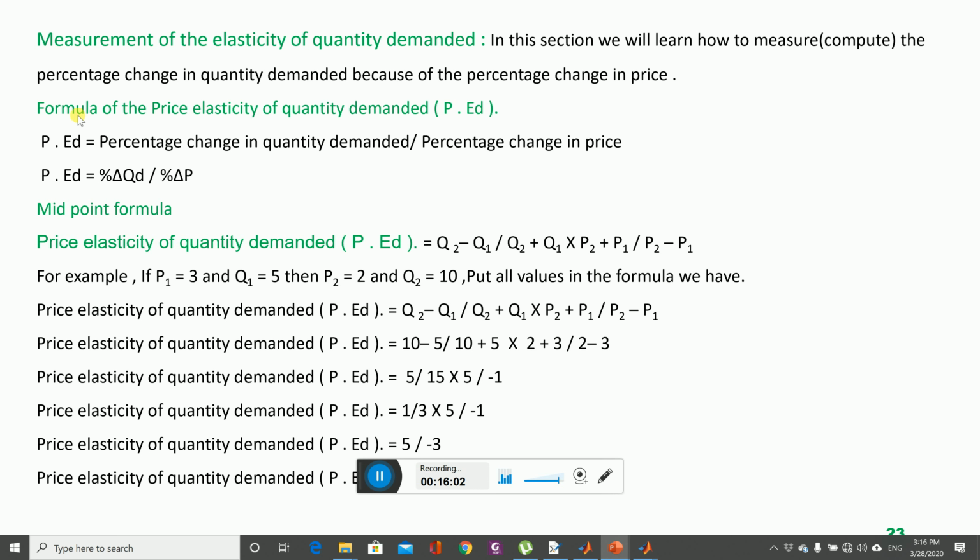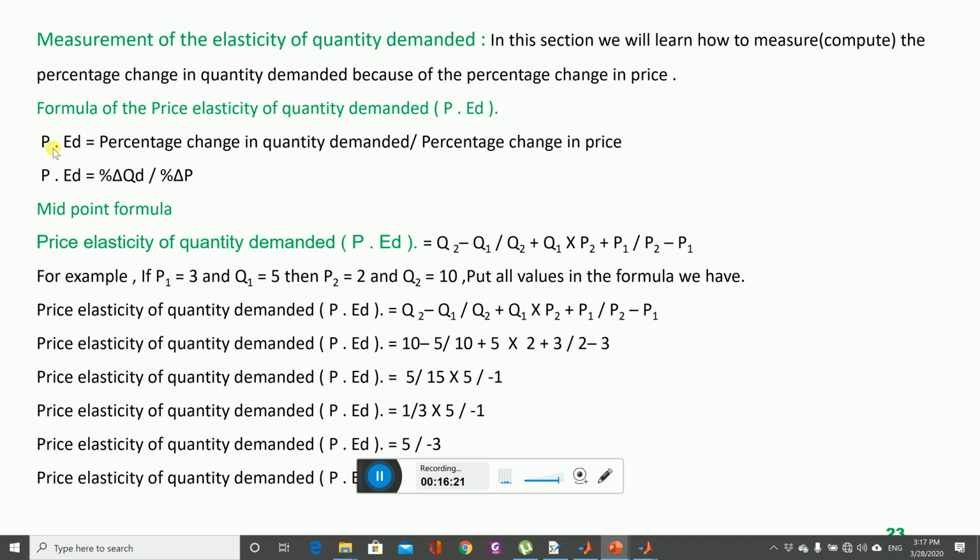Mathematically, I am calculating the formula of the price elasticity of quantity demanded, PED. P for price, E for elasticity, and D for demand.